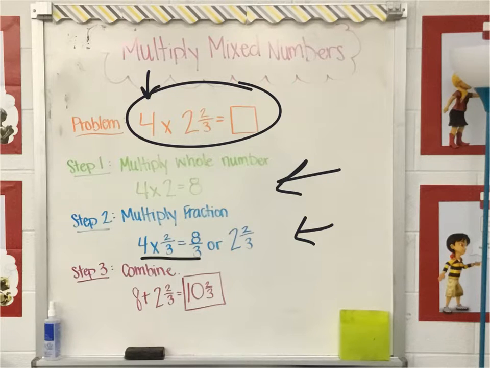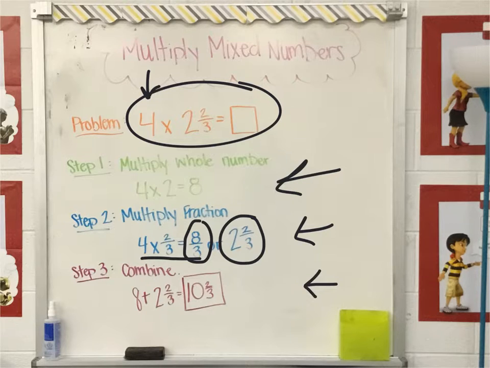So this piece is simply multiplying fractions. Then you're going to have to change that product, 8/3, and convert it to a mixed number. In this case, 8/3 is equivalent to 2 2/3.